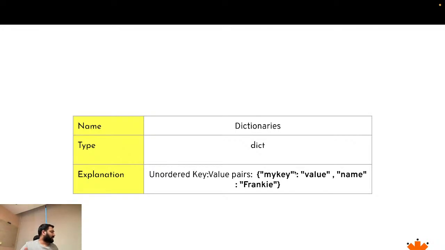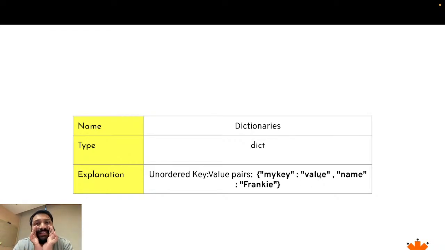A dictionary has a word and a meaning attached to it. The same way in a programming language, you have a key and a value attached to it. The key is always in double quotes, and the value can be anything, any kind of object.